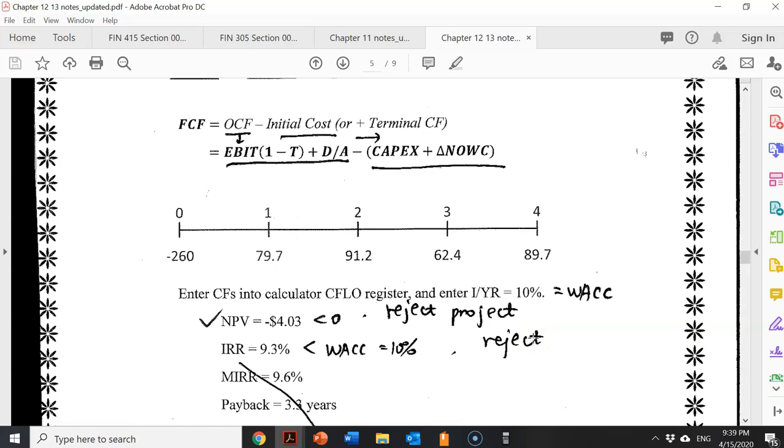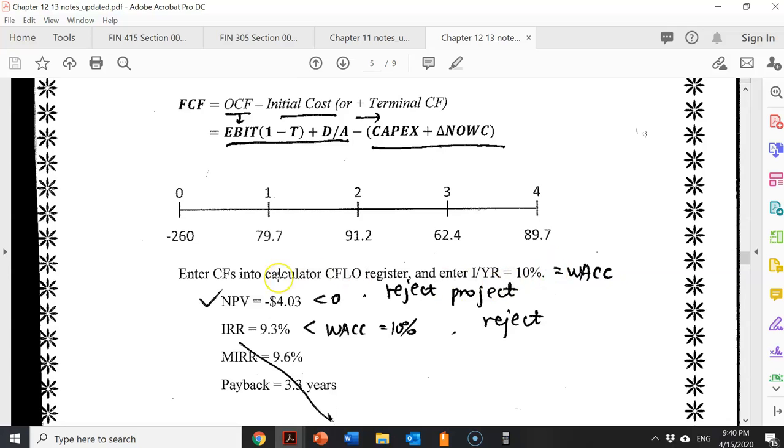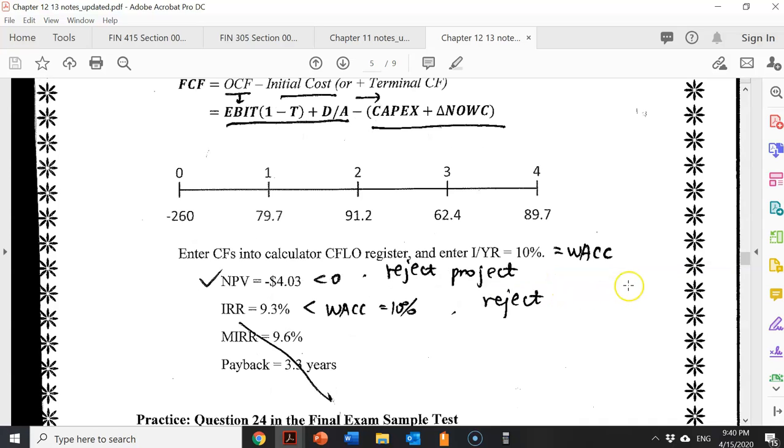So for this project, we have already calculated initial cost as negative 260, operating cash flow 1, 2, 3, and free cash flow 1, 2, 3, 4 are also calculated. So if we put all the numbers on the timeline here, input them into the cash flow function, and enter I as our 10% WACC, we can calculate our NPV for this project as negative 4.03, which is negative.